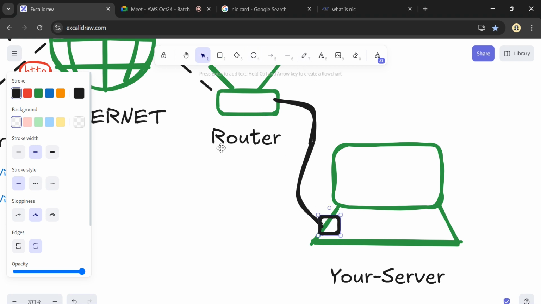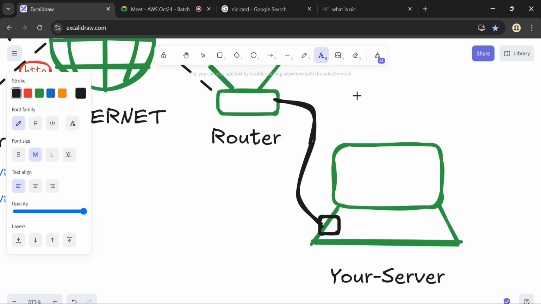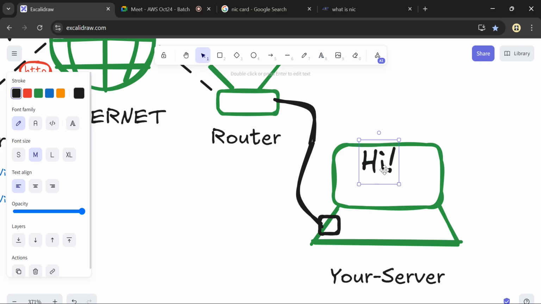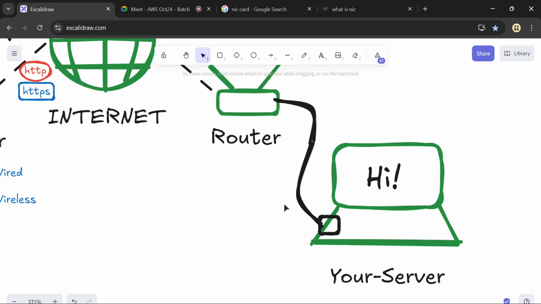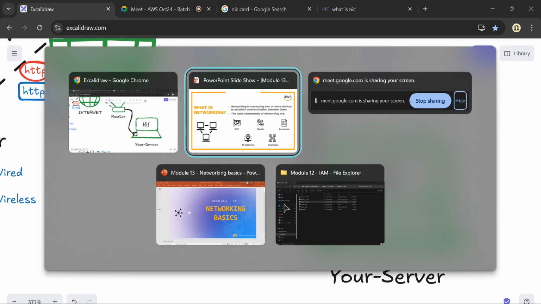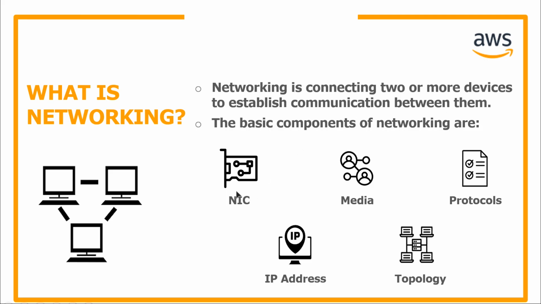And then you will receive the message that I have sent to your machine, right? Okay. So we have discussed the NIC card, we have discussed media, we have discussed protocol.